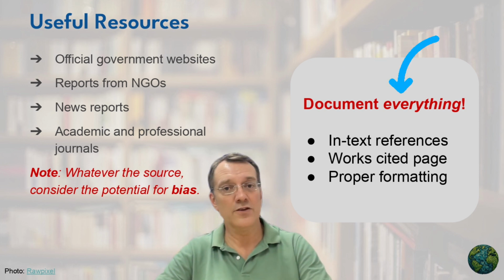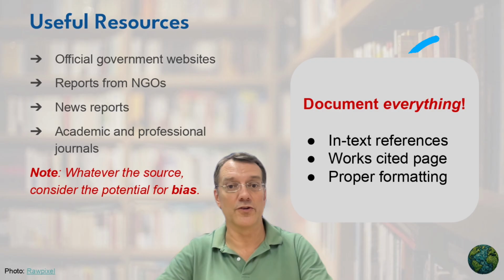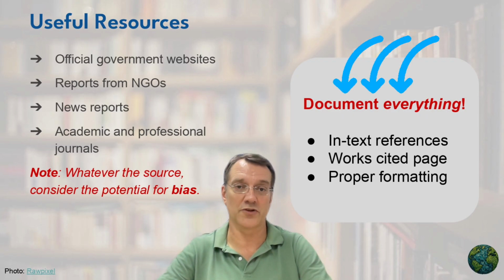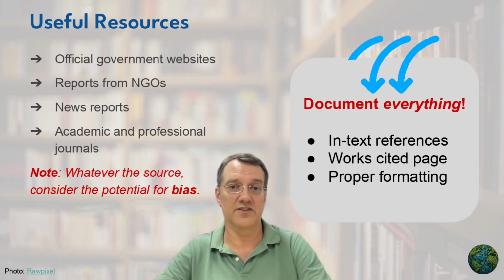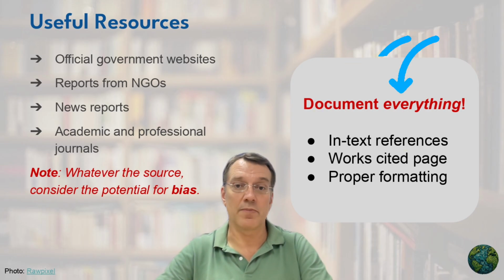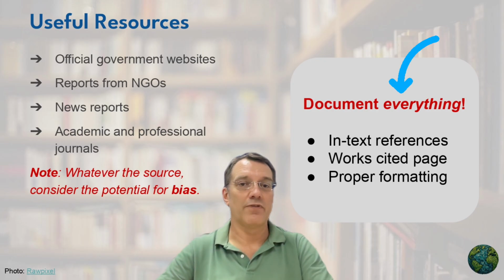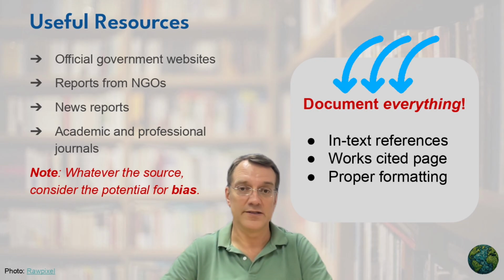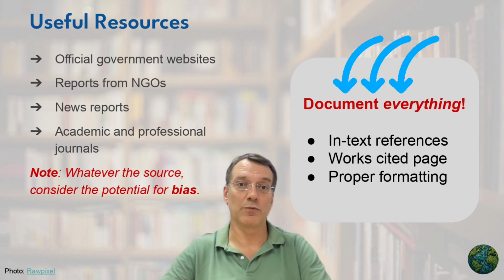Document everything. Use in-text references throughout your strategy section. Actually, you should be using in-text references throughout every section of your internal assessment, but today we're specifically talking about strategy. Include a properly formatted works cited page at the end of your IA. Follow whatever citation format your teacher requires. Most ESS teachers accept MLA or APA, but your school will specify exactly what you need.